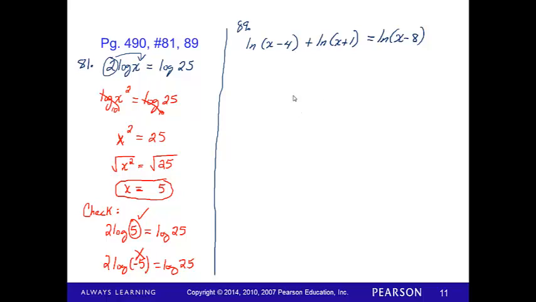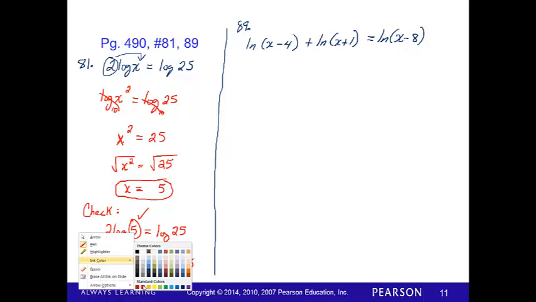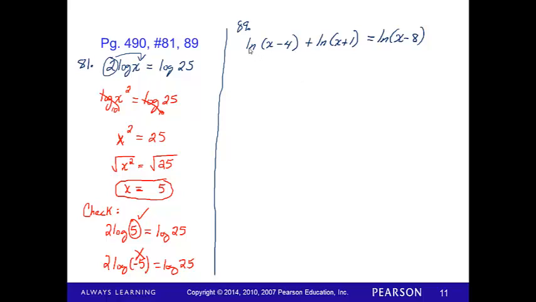Now, in order to use the property, we need a single log on the left side and a single log on the right side. However, on the left side, we have 2 logs. So, it's natural log of x minus 4 plus a natural log of x plus 1. Go ahead and combine your logs into a single log. So this will become the natural log, and because we're adding, we're going to multiply the arguments together. The natural log of x minus 4 times x plus 1 equals the natural log of x minus 8.